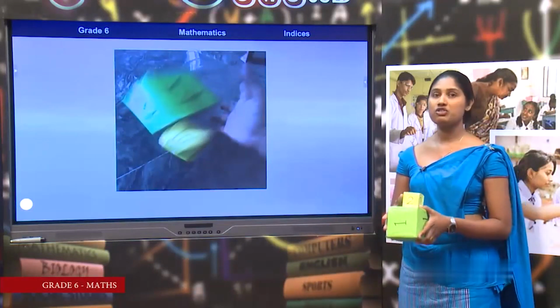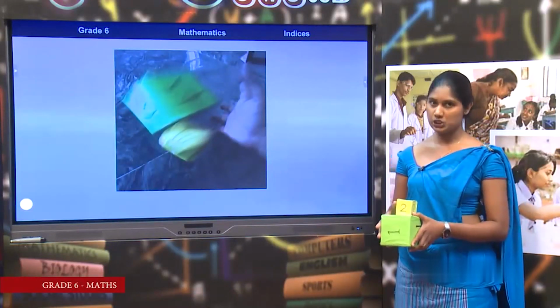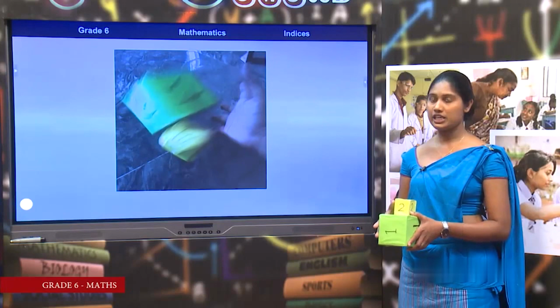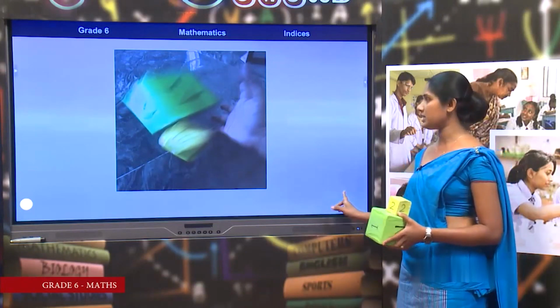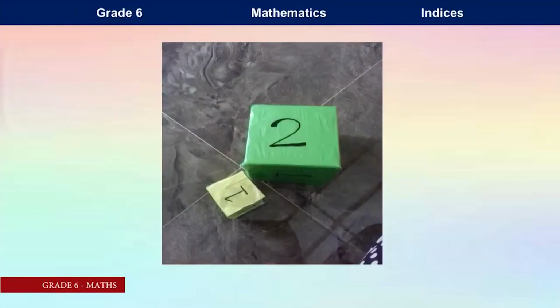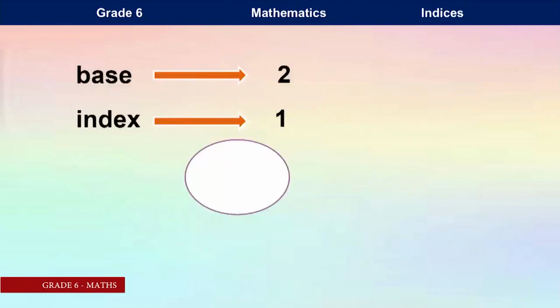First, I have to roll these 2 dice together. Then see what faces you can see. Here, the largest one is 2, and the smallest one is 1. So, I have indicated this largest one is base and the smallest one is index.